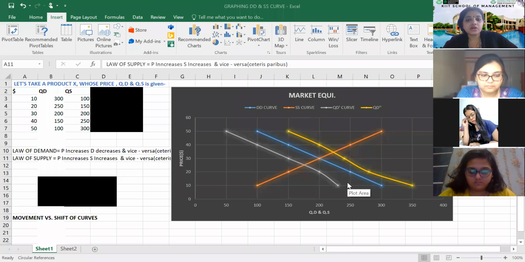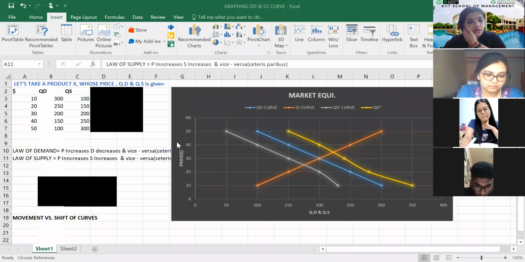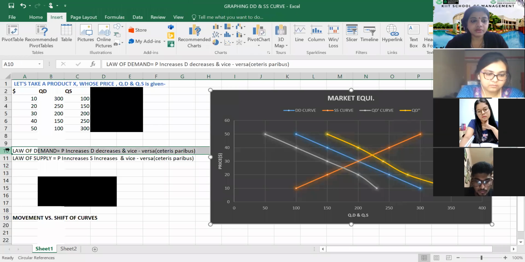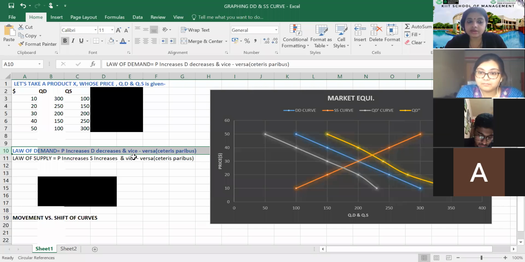So yesterday we dealt with the relationship between the price and the demand, going by the law. And it is very clearly evident that it shows the law of demand, which clearly indicates that, other factors remaining constant, whenever there is an increase in price, demand decreases, and whenever there is a decrease in price, demand increases.